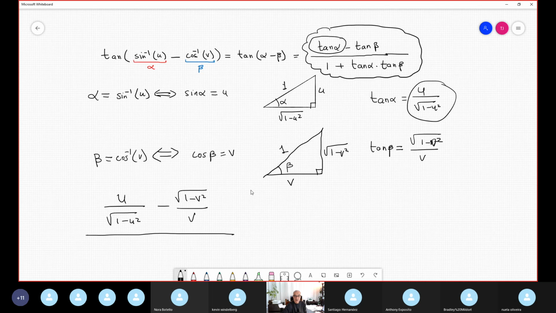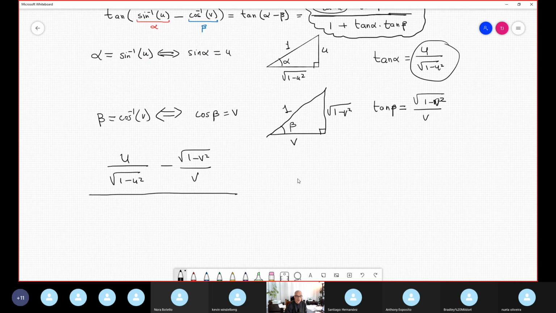Divided by, this is division. 1 plus multiplication of this: u over square root 1 minus u squared times square root 1 minus b squared over b. Wow, looks horrible. Don't be scared. You leave it like that, perfect.